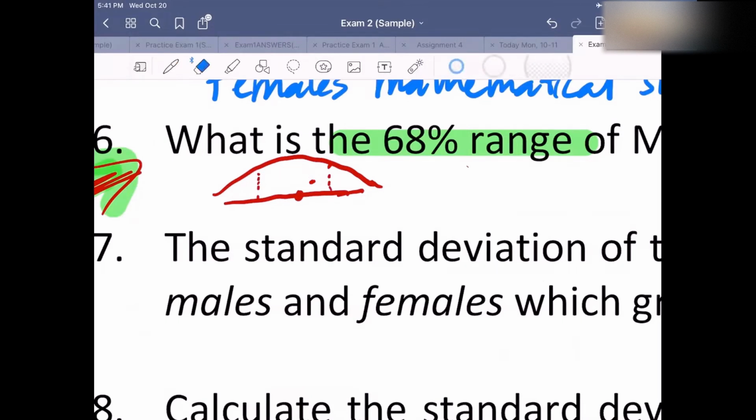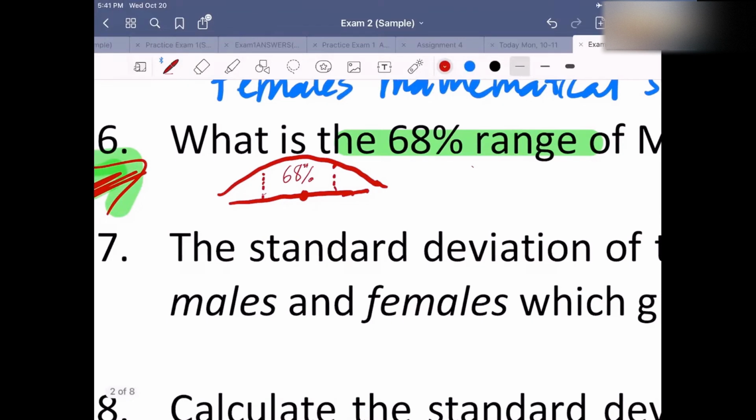Make it a little bit smaller. So 68% is the area of the middle section, okay? All right, so in this case, they're asking you to find the value right here, and this value right here. So that would be the range of this 68%.